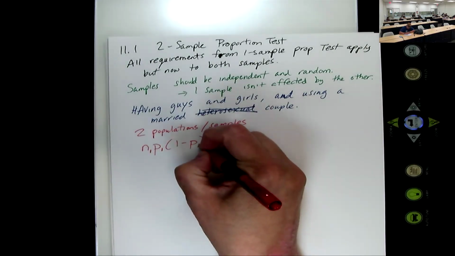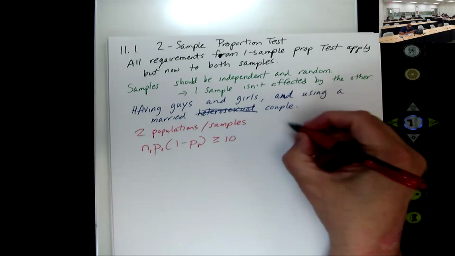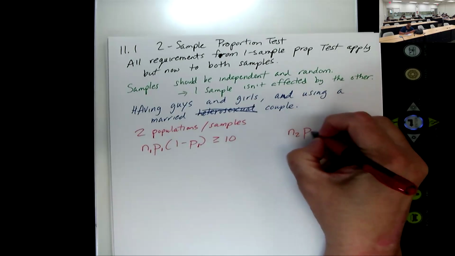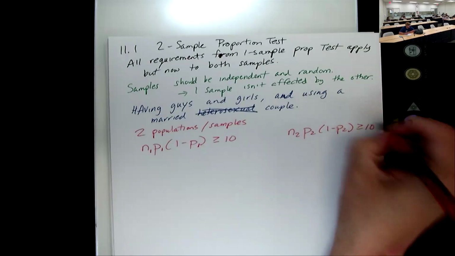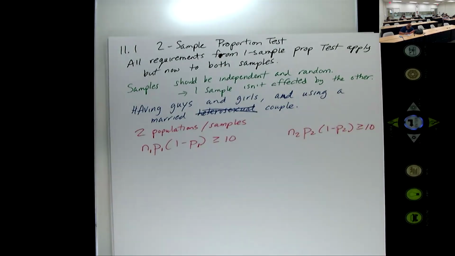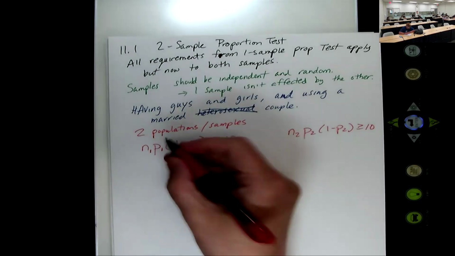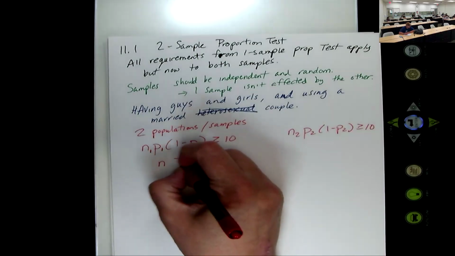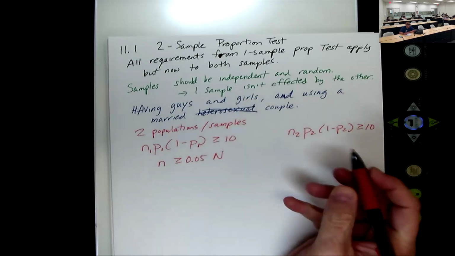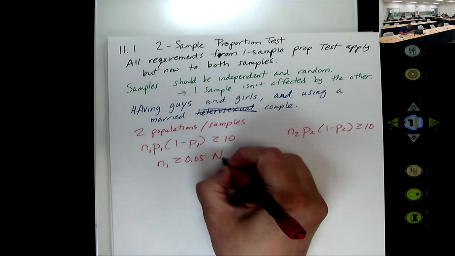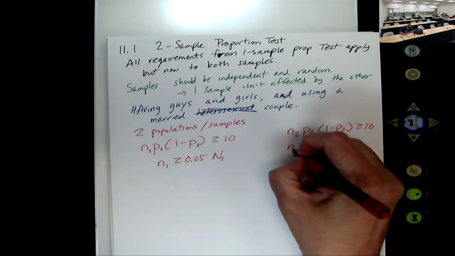N1 P1 and 1 minus P1, and then N2 P2, 1 minus P2. We also needed n to be greater than or equal to 5% of the big N or the population. This is also going to apply to each group, so we'll use subscripts.